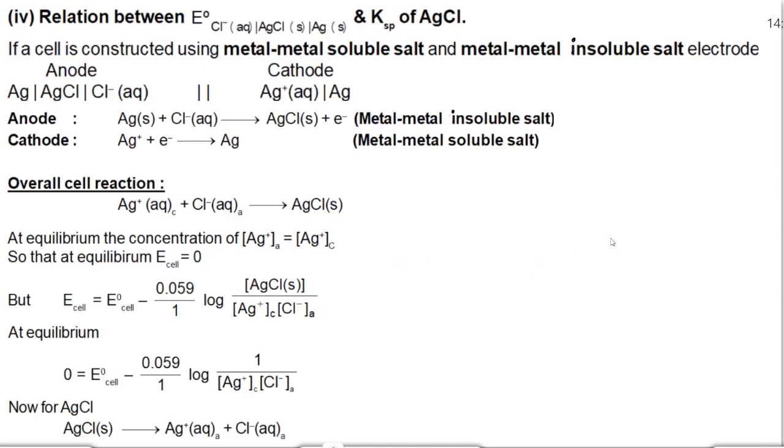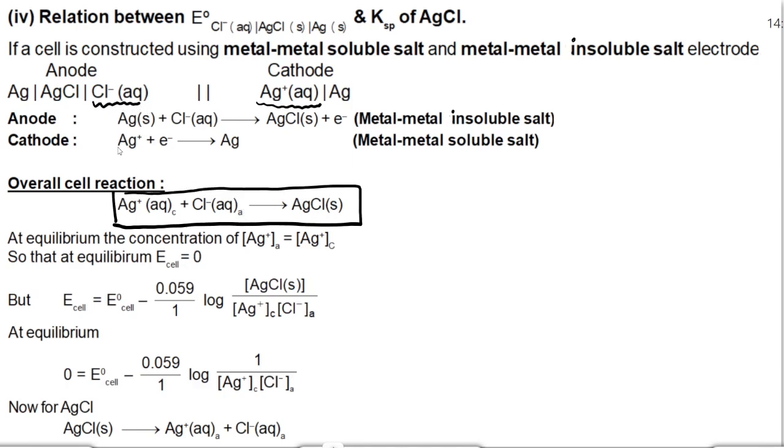And the relation between E naught cell and Ksp of AgCl. So keep in mind, the overall cell reaction is Ag plus Cl negative to give AgCl solid. So Ag plus ion is at cathode, and Cl negative ion is at anode.